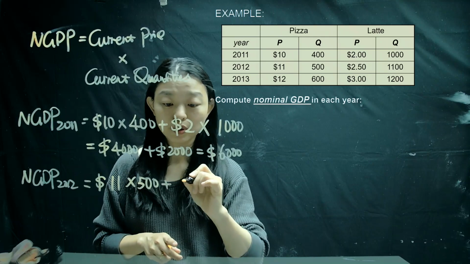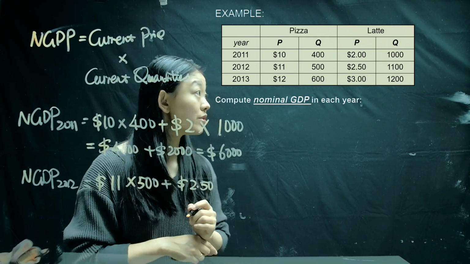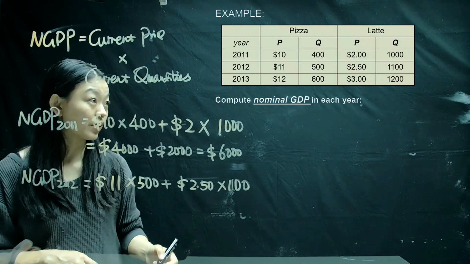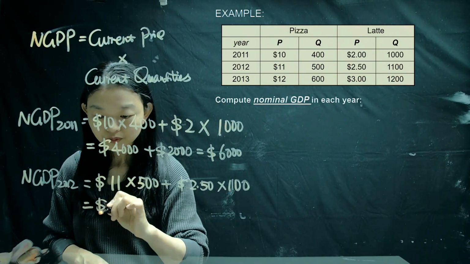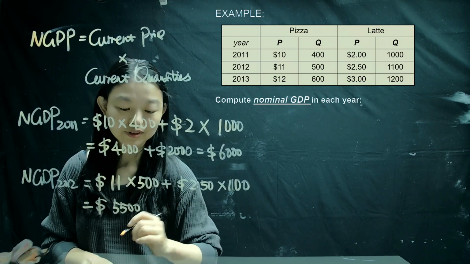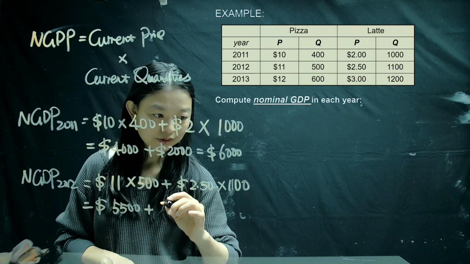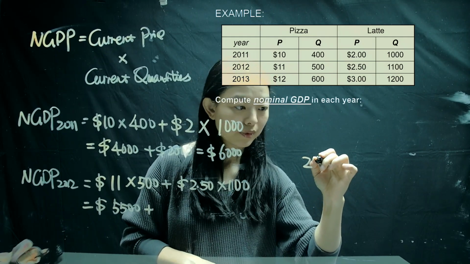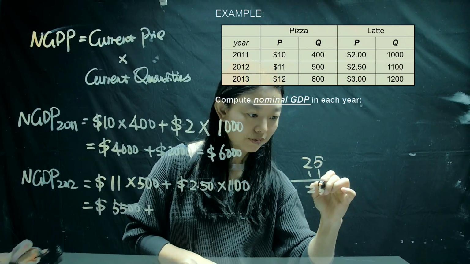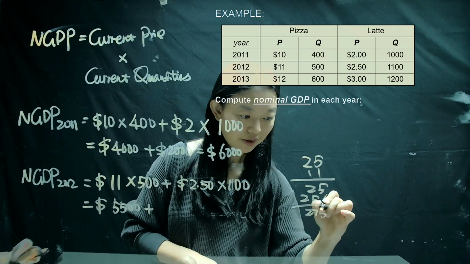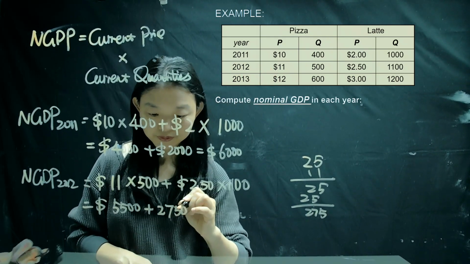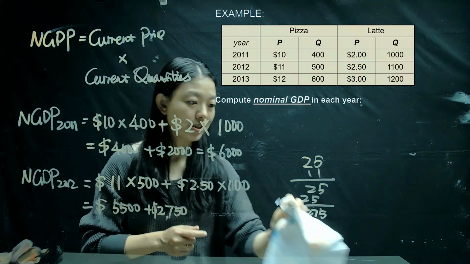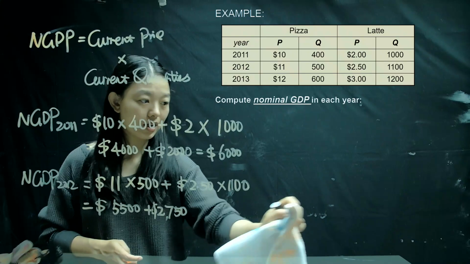Plus, latte's price increased to $2.50, and the quantity increased to 1,100. 2.5 times 1,100 is $2,750 for lattes in 2012.